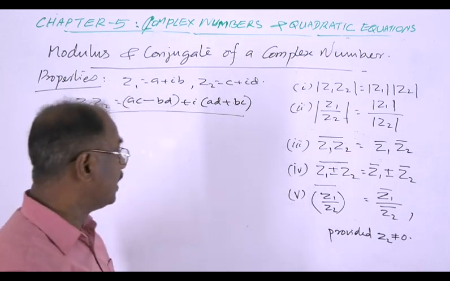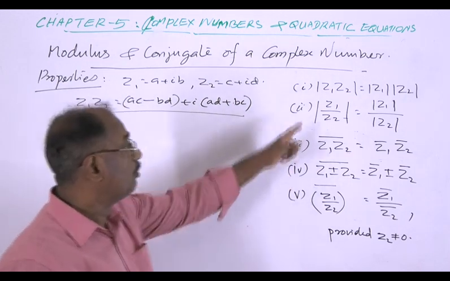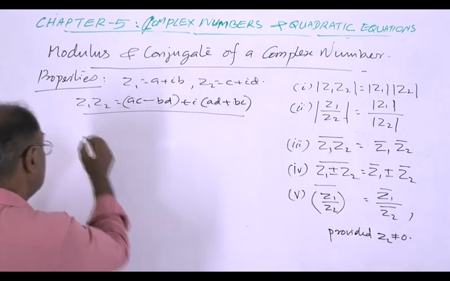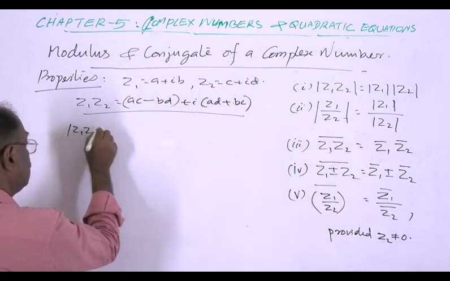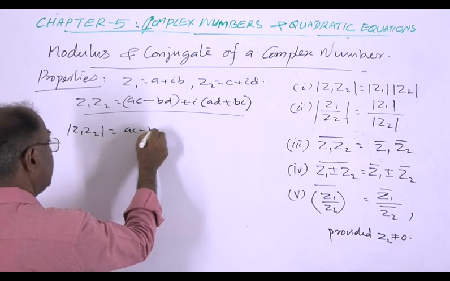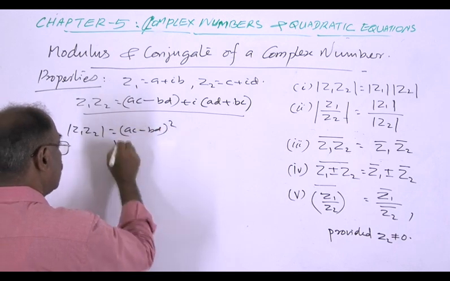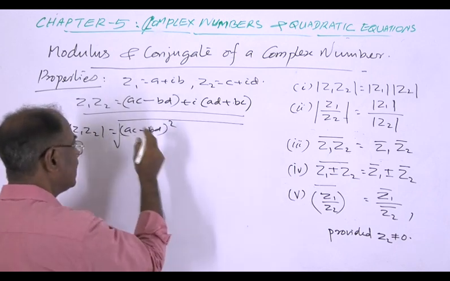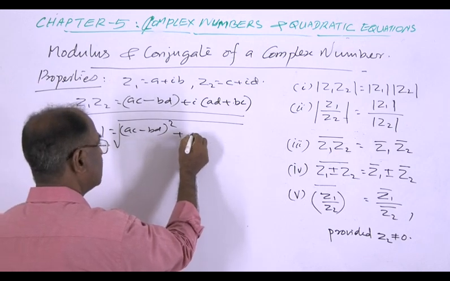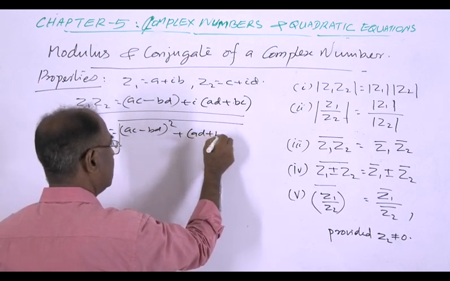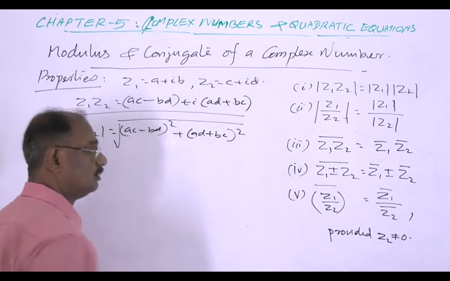And therefore, by definition of the modulus, modulus of Z1 Z2 is equal to the square root of AC minus BD whole squared plus AD plus BC whole squared.